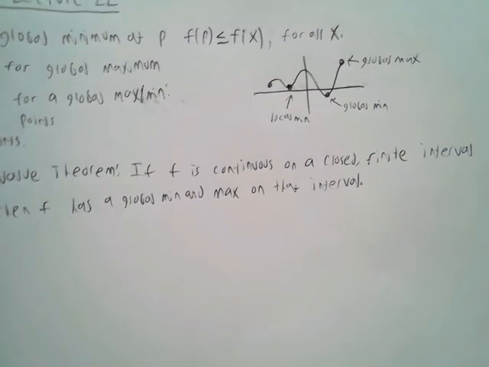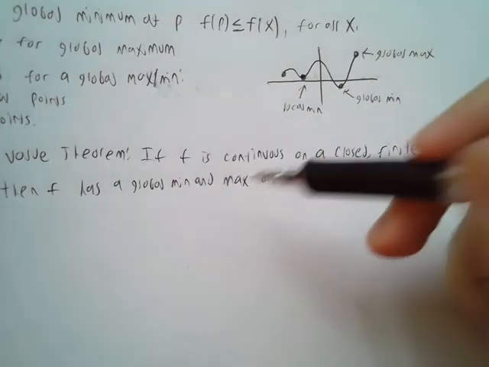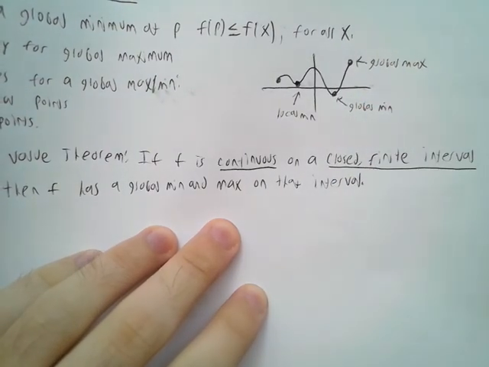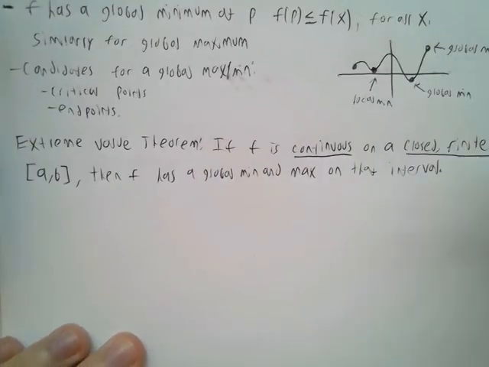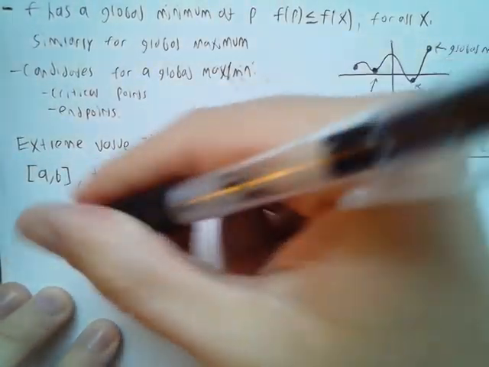So if the function is continuous and defined on a closed finite interval, then we can find a global maximum and a global minimum. If these two conditions are not satisfied, then that's not necessarily true.